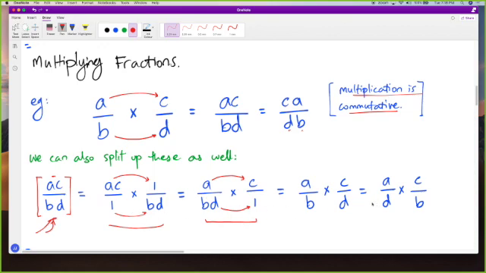And this is not even all the ways. There are more ways that you could probably find to split it up. Then I have this way, A over B times C over D, which is what we had originally. Right? So you need to be able to look at the answer and split it up into its fractions. A times C is AC, and B times D is BD.